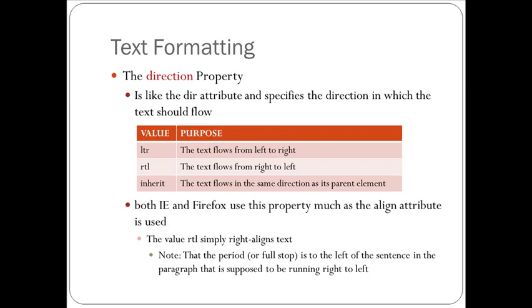Both IE and Firefox, Chrome actually should be added in there as well. Safari should be added in there as well. Use this property much as the align attribute does. The value of right to left simply right aligns text. The only difference is that the period, or the full stop if you will, is to the left of the sentence in the paragraph that is supposed to be running right to left.